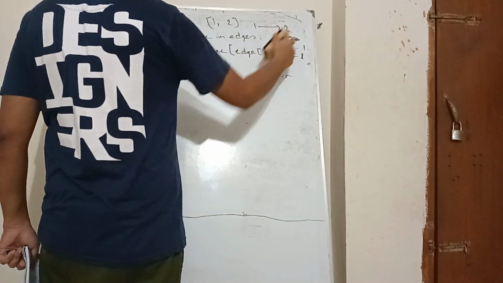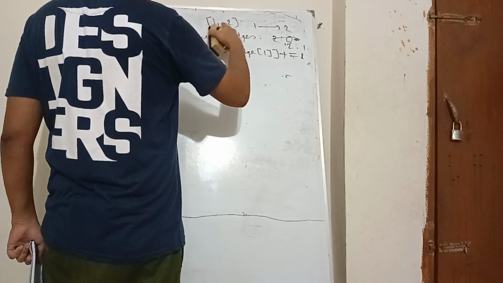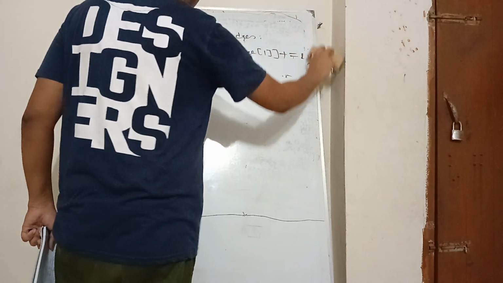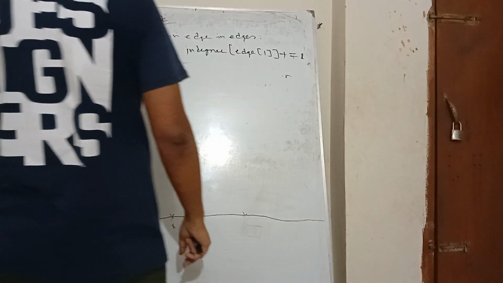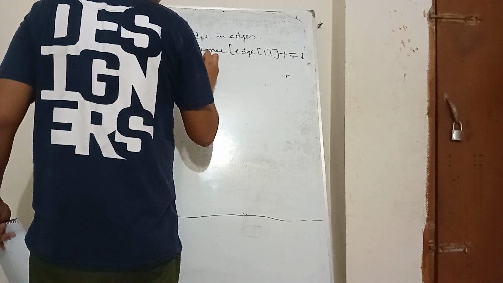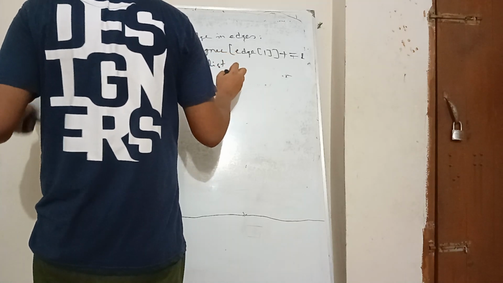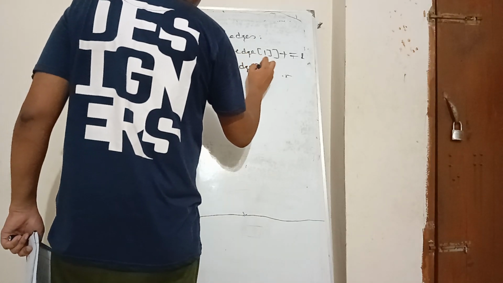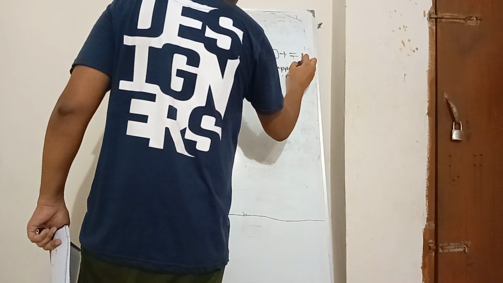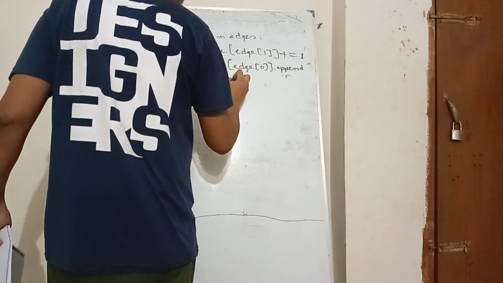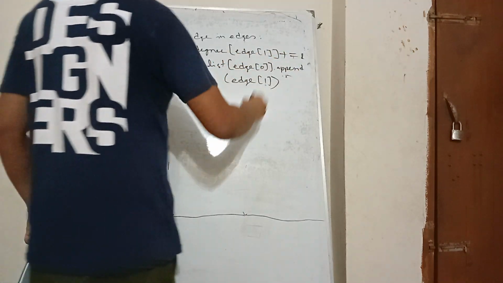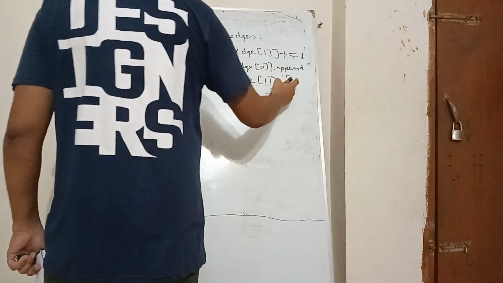If it is 1, it will increment by 1. Then the adjacency list representation.